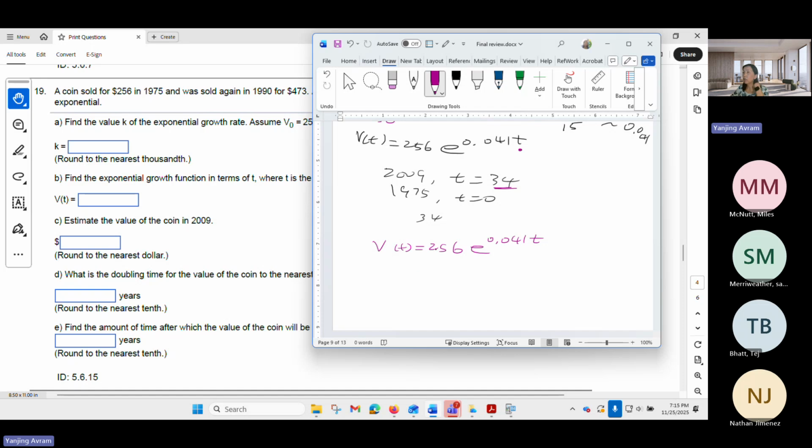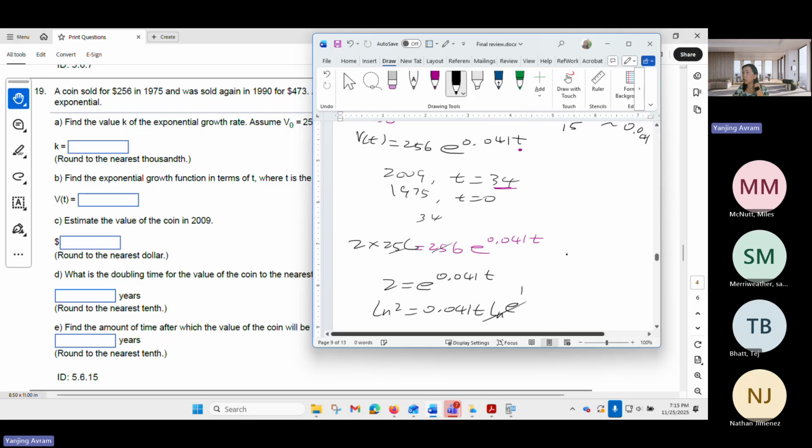Double means we're going to have 2 times 256. That's double. Okay. And then these two cancel out. So you're going to have 2 equal to e to the 0.041 t. This one, put a ln on both sides. Okay. So 0.041 t ln e. And then ln e is 1, right? So the doubling time, you're going to use ln 2 divided by 0.041. And you can calculate this doubling time is about 16.9 years. Okay. So that's your doubling time in here.